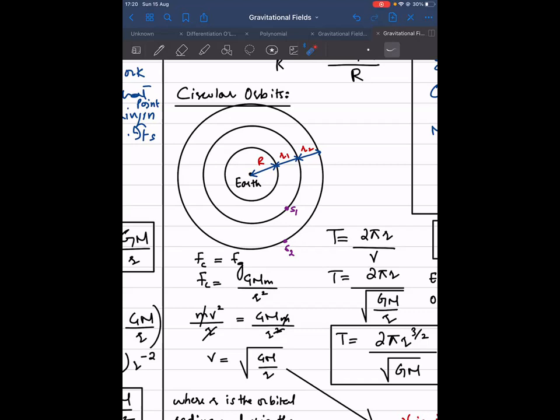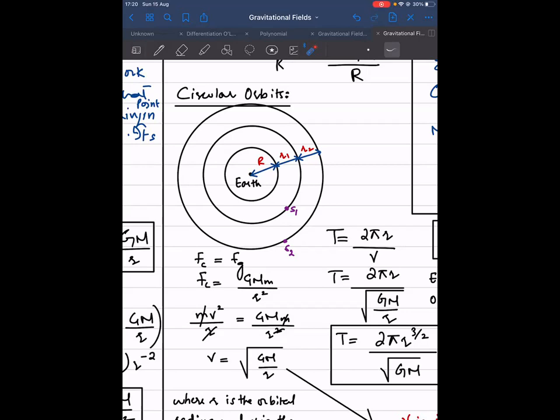So for each orbit, there's some specific speed, when you are launching or projecting any satellite, for example, outside the Earth's surface but within its gravitational field.